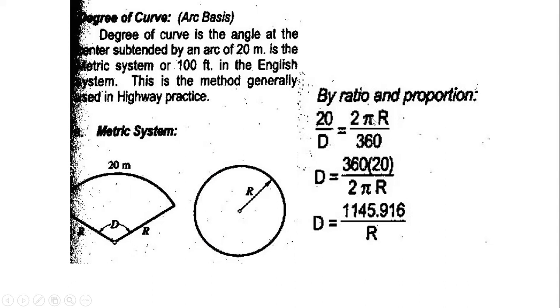So ang perimeter or circumference niya is 2 pi r over the angle of the center is 360. So just isolate D, okay? D is equivalent to 1145.916 over R, no? So, ito yung formula if you want to determine the degree ng curve.